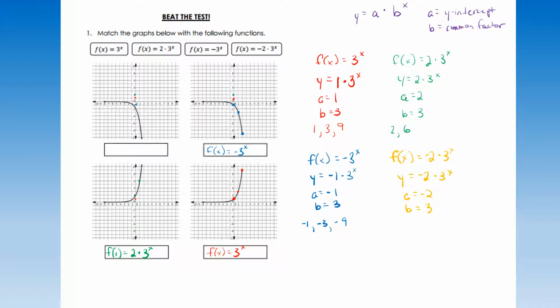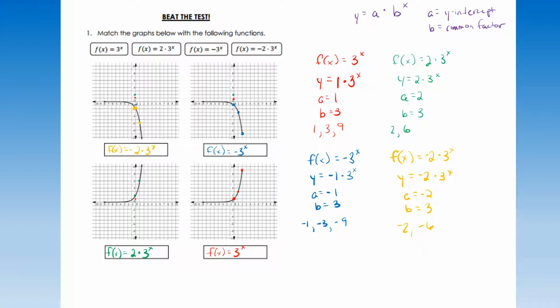So my y-intercept is -2. So hopefully this last graph matches this equation. My y-intercept, yep, is -2. And the next term in my sequence would be -2 times 3, or -6. So, yep, that one's right there. So that matches. That means my last graph is f of x is equal to -2 times 3 to the x power.